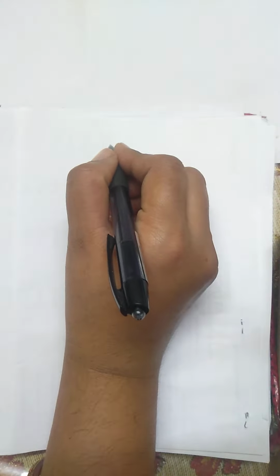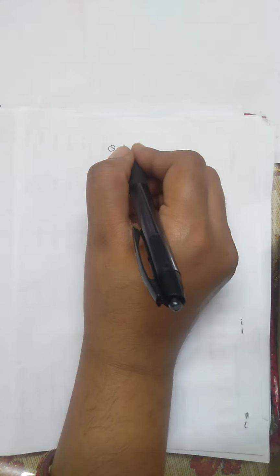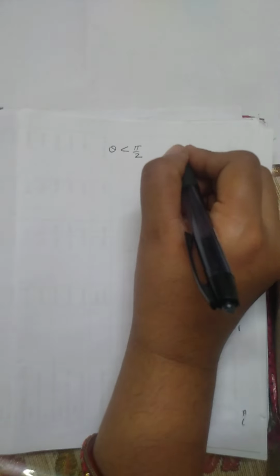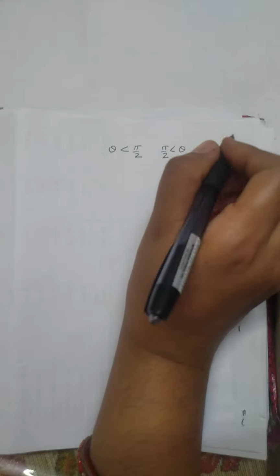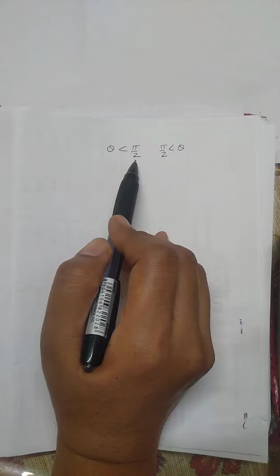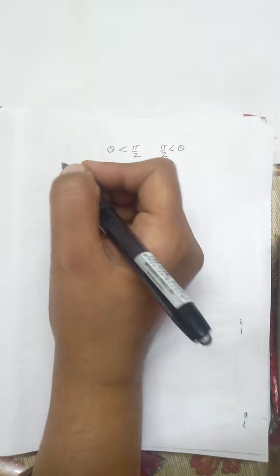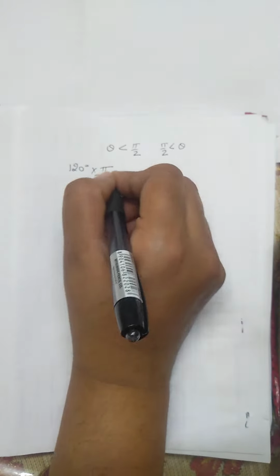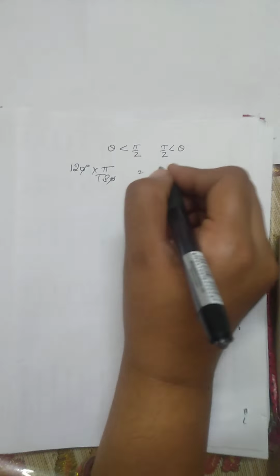Now the next rule is that if our theta is either less than pi by 2 or greater than pi by 2, I mean to say, if we are calculating our angle using pi by 2, how will we use it? Let us see. Suppose we are talking about 120 degree. 120 degree means pi by 180 times 120, which is 2 pi by 3.